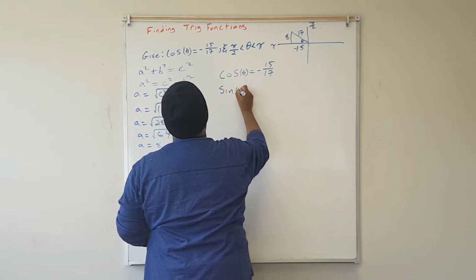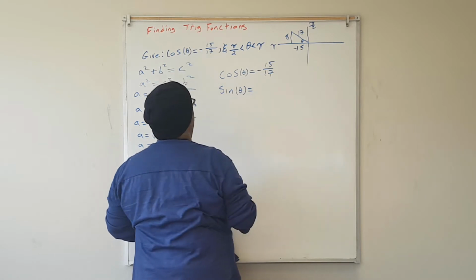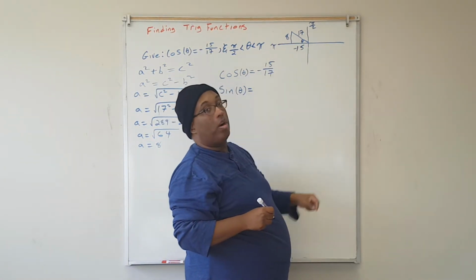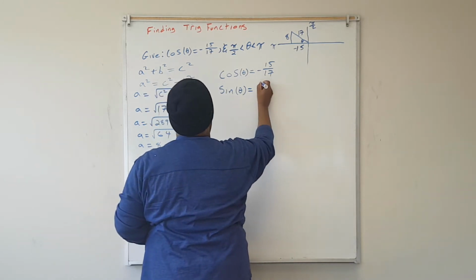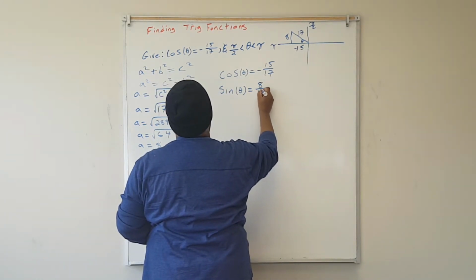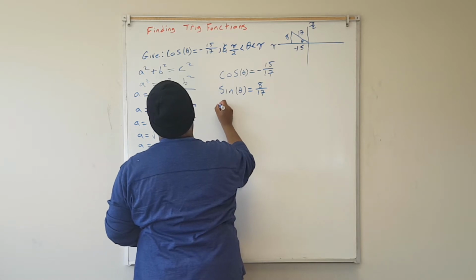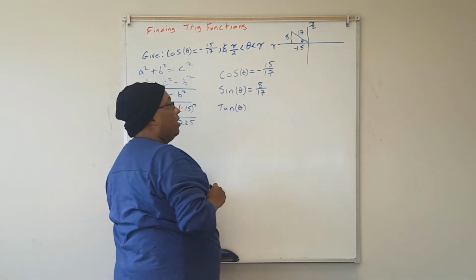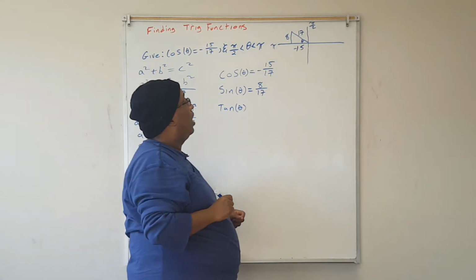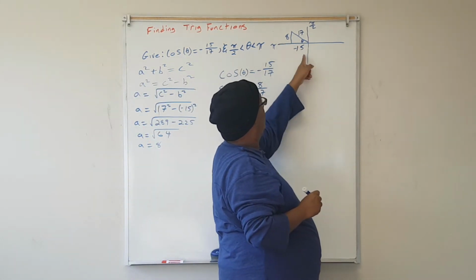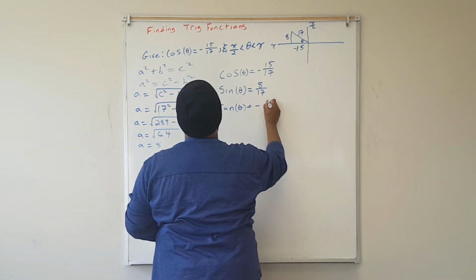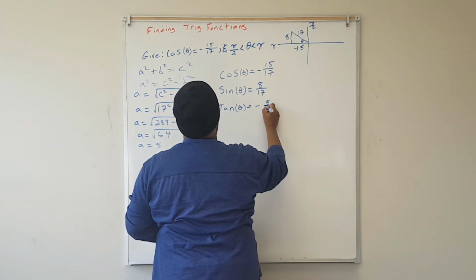Sine theta, we can just take from the triangle, opposite over hypotenuse, that would give us 8/17. Tangent of theta is opposite over adjacent, so that will be equal to negative 8/15.